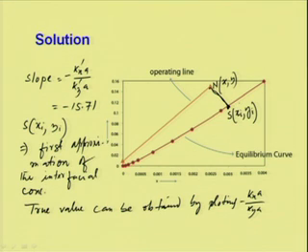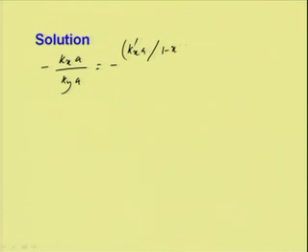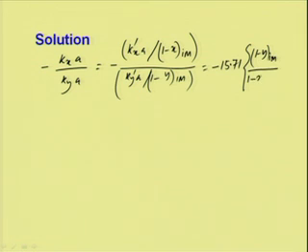Now, minus k_x a divided by k_y a is equal to minus k_x' a divided by (1 minus x_IM), divided by k_y' a divided by (1 minus y_IM). So, this is equal to minus 15.71 into (1 minus y_IM) divided by (1 minus x_IM).